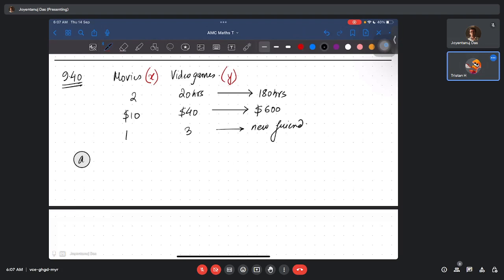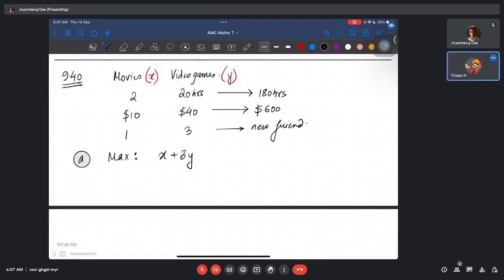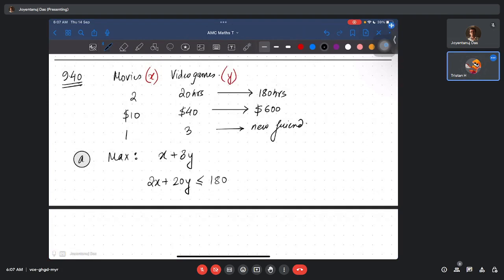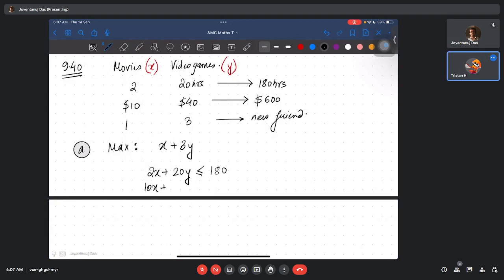Yes. So we have to maximize x plus 3y, right? Yes. Now the constraints. So 2x plus 20y less than or equal to 180. Then what is the second one? 10x plus 40y less than or equal to 600.